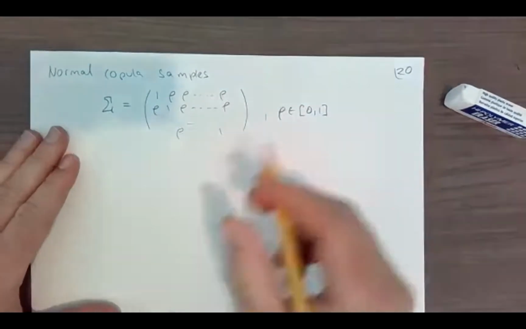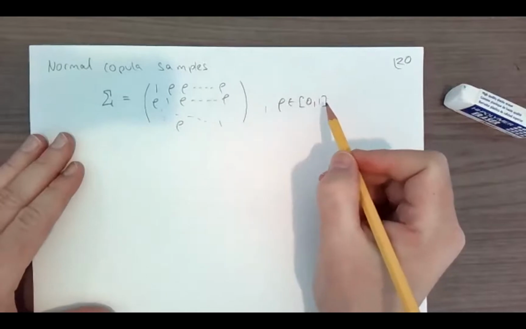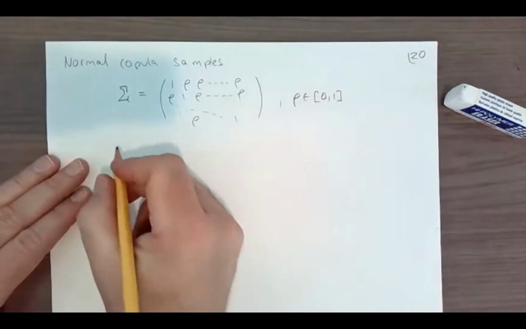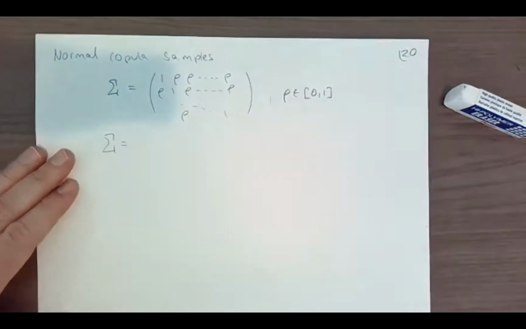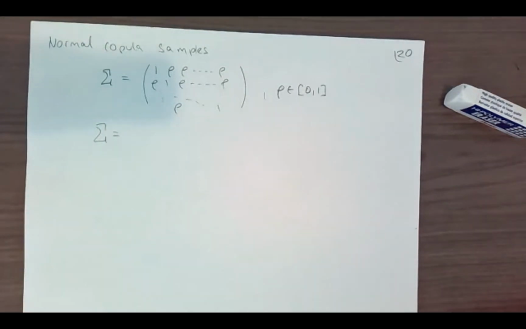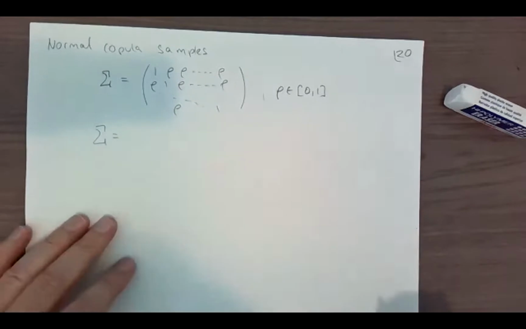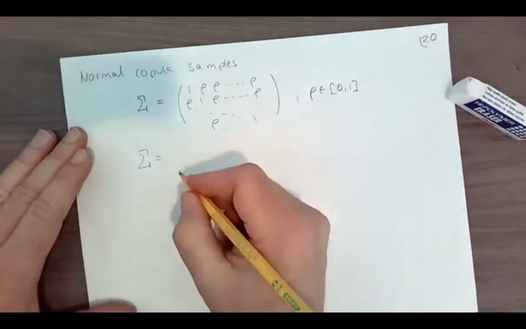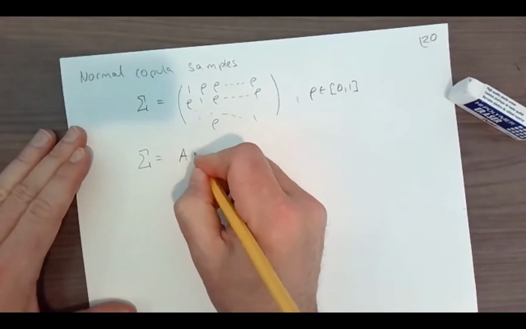Like being 0 is independent, being 1 is perfectly correlated. And then you factor sigma into a variance covariance matrix square root. So you write this here as AA transpose.